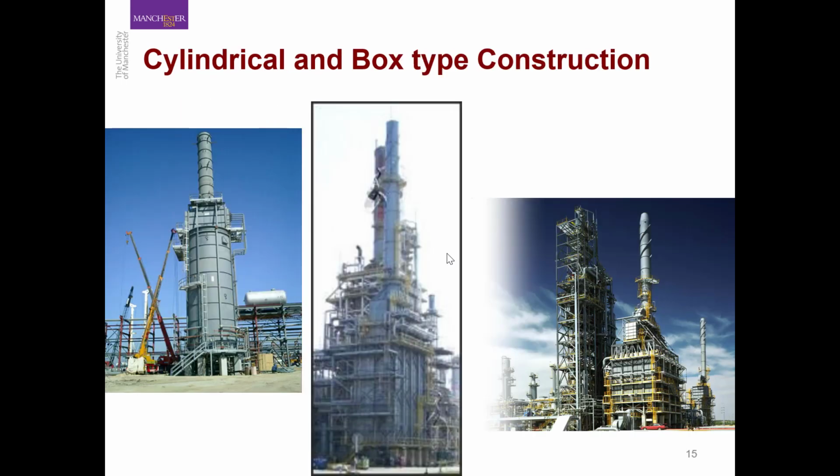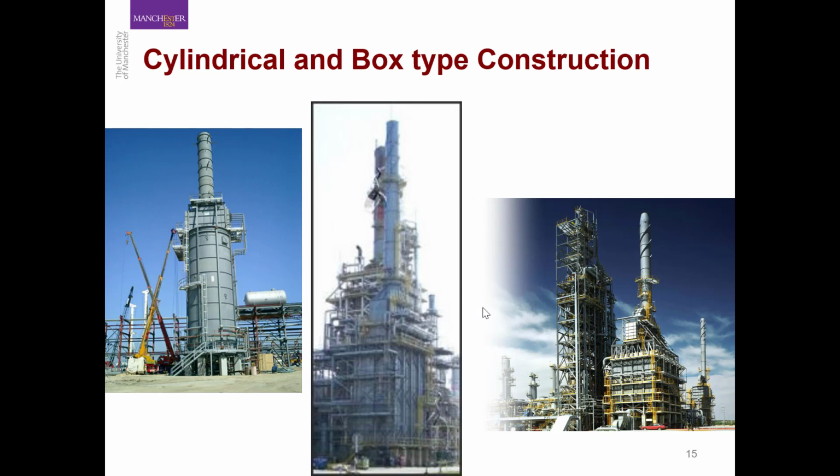So as I said, for body type, we can have either cylindrical or box type construction. So the first image shows a cylindrical arrangement where you have essentially a very large diameter pipe, where the tubes are arranged in the vicinity of the wall, and in the middle you have an empty space for the flame. Okay, and then you have image 2 and image 3.